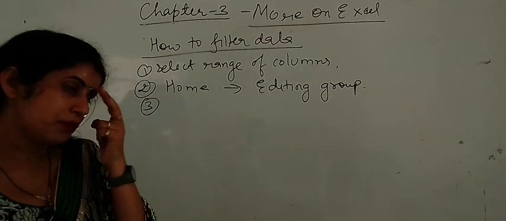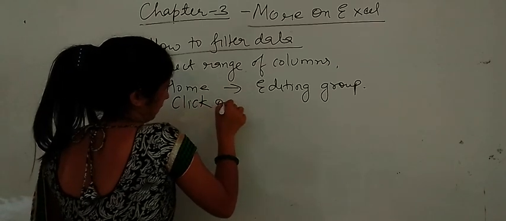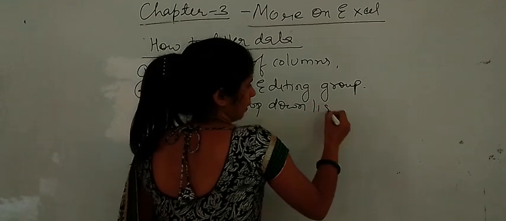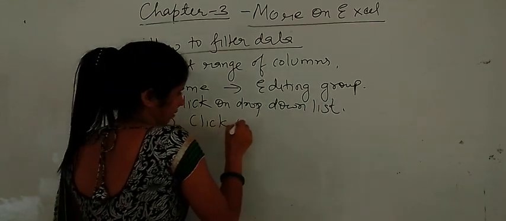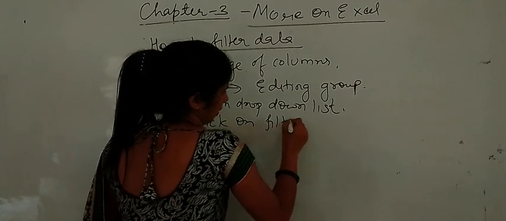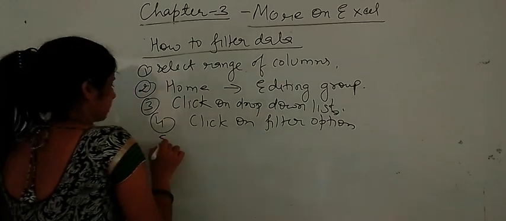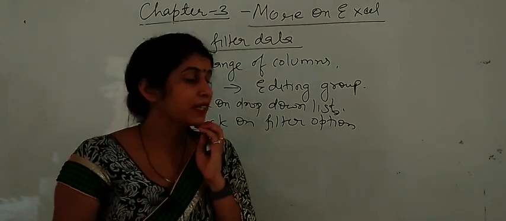Okay, now third step. Here you have to click on the drop down list. Here a drop down list is there. So you have to click it, then you will find the filter option. So you will click on the filter option. If you have clicked on the filter option, what will you find there?